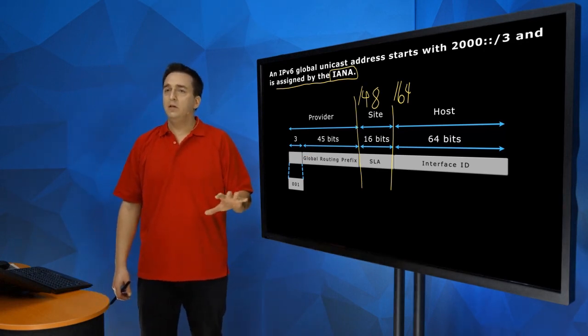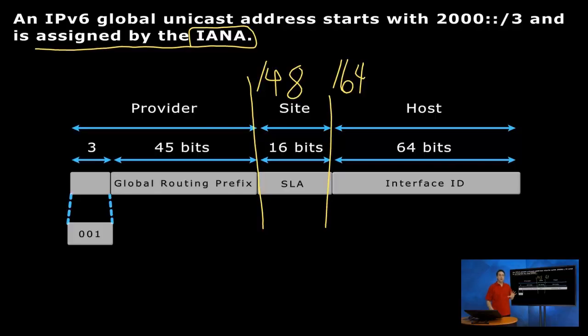But let's see what we're dealing with right now when it comes to our global IPv6 unicast addressing. It says up here that we are in the realm of 2000::/3. Well, what in the world does that mean? What that means is that the first 3 bits right now are going to be consistent and constant.